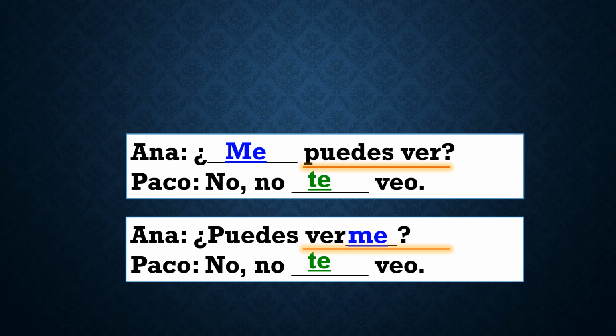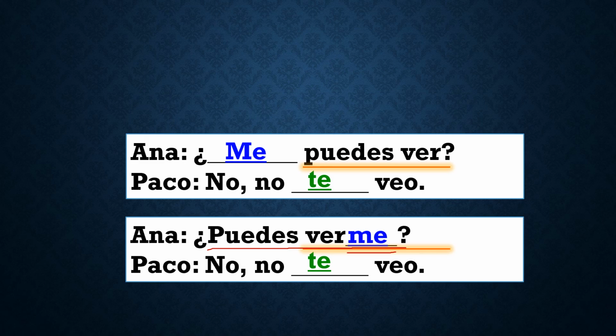So all we've done here is, in the first example, me puedes ver, we have the direct object pronoun before the entire verb phrase. But here, we're saying essentially the same thing, but we've put our direct object pronoun at the end of the entire verb phrase.